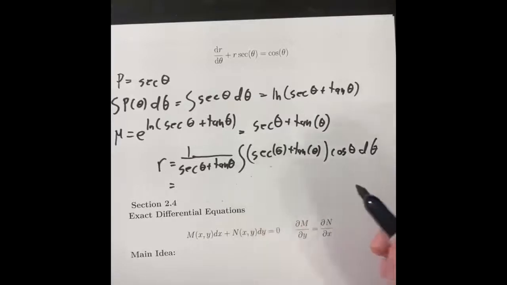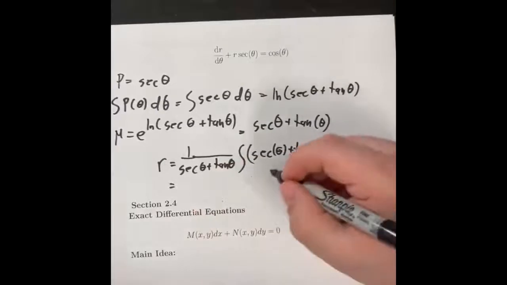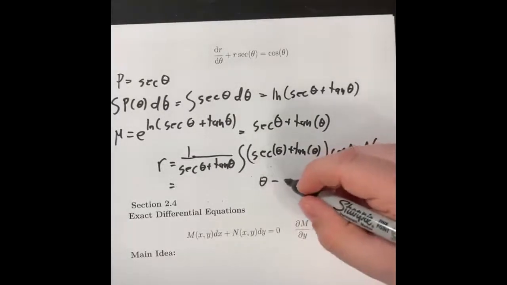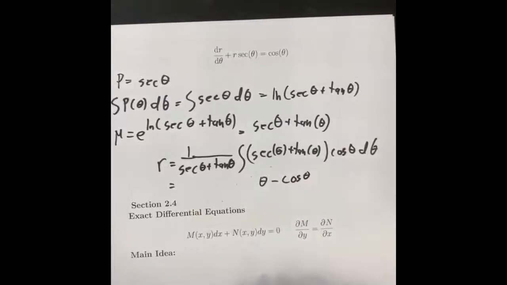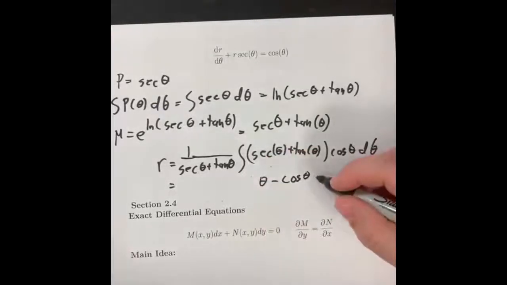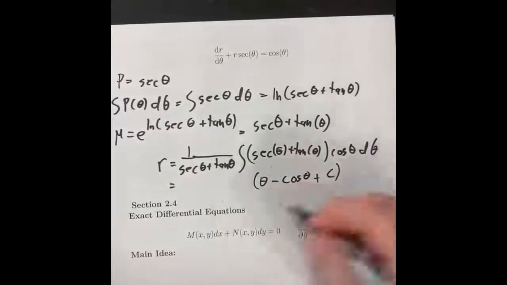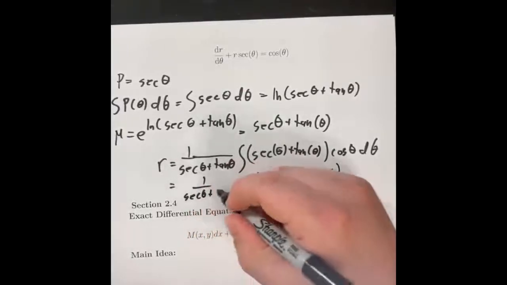And so the antiderivative of 1 is theta in this case, and the antiderivative of sine will be negative cosine, because if we take the derivative of cosine, the negative will switch it to positive sine. So we have theta minus cosine theta plus a constant c, and then we still have this factor 1 over secant plus tangent.